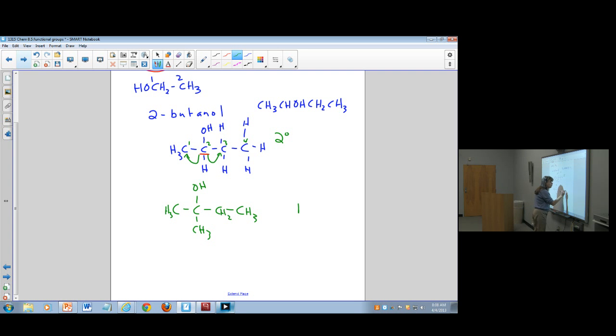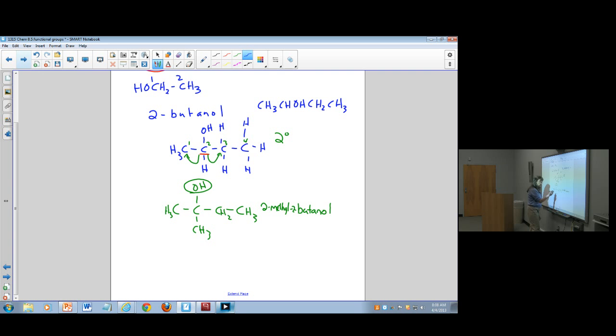Okay, well, we know that the chain is a butane, but it's got this OH group on it, so we'll call it butanol. And then we need to number it, and so in this case, we'll have a 2-methyl-2-butanol.